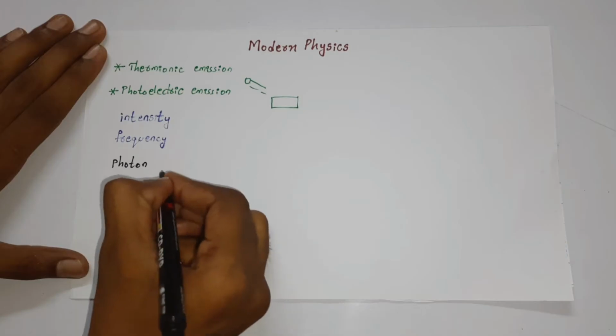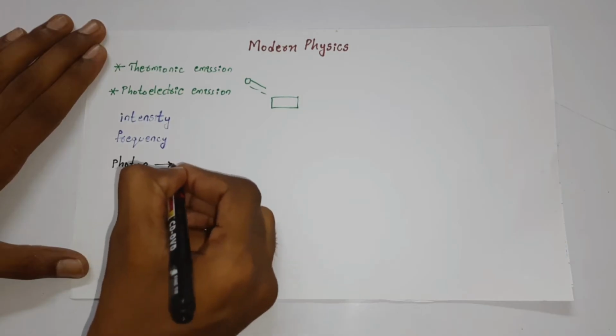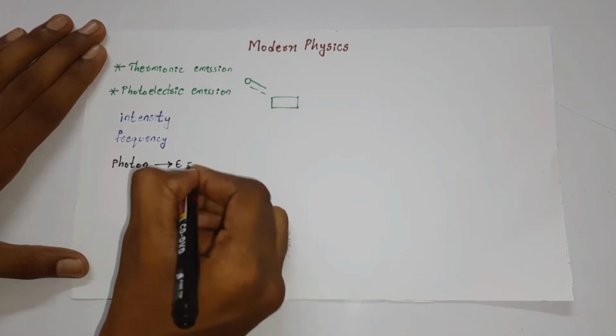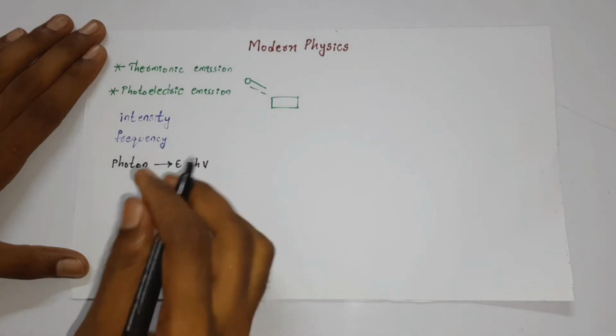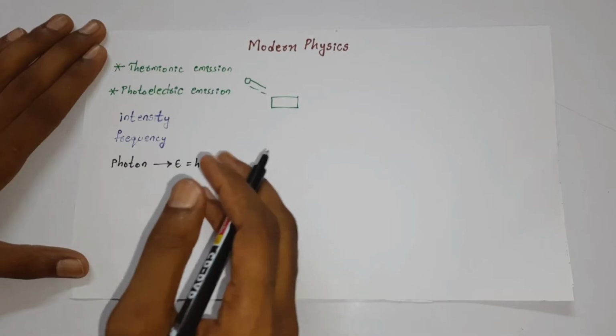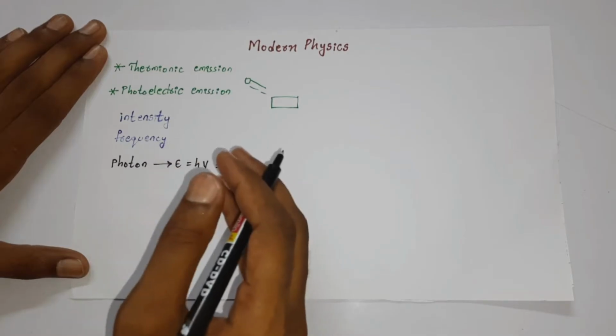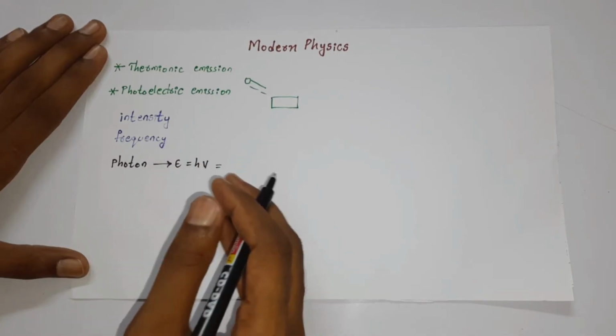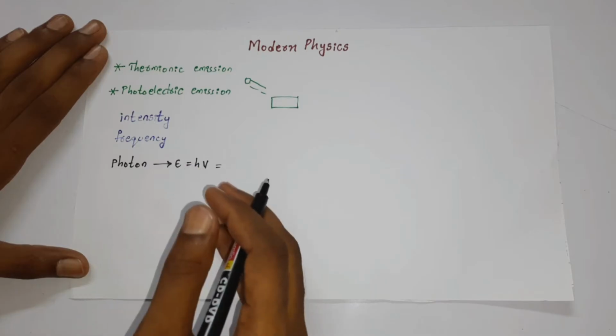We can say that the energy of a single photon is given by E equals hv, where h is Planck's constant, which is 6.02 into 10 to the power of minus 34 joule second, and v is the frequency of electromagnetic radiation.